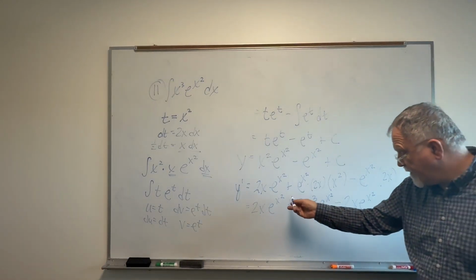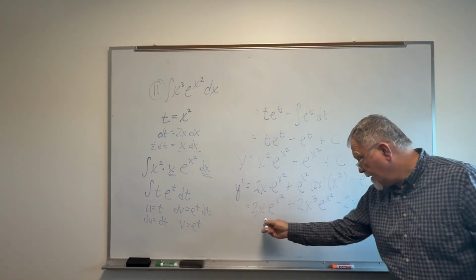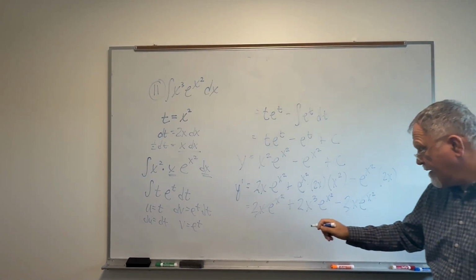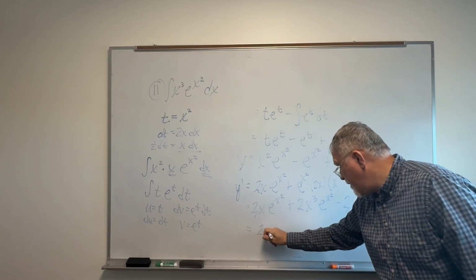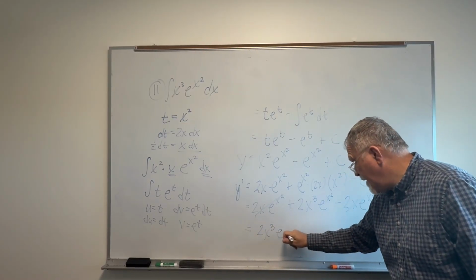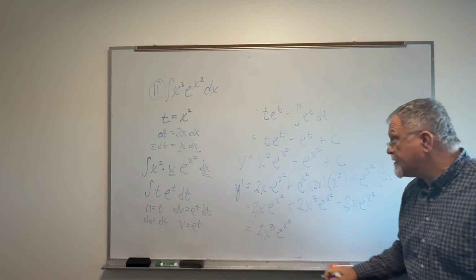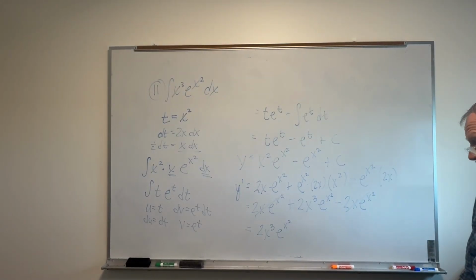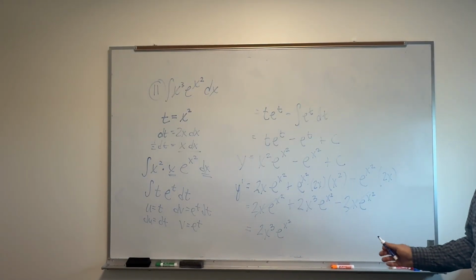And certainly this term in front and this term in the back cancel. And I'm left with 2x cubed e to the x squared, which I observe is twice as big as what I was expecting. So did I make an error along the way?